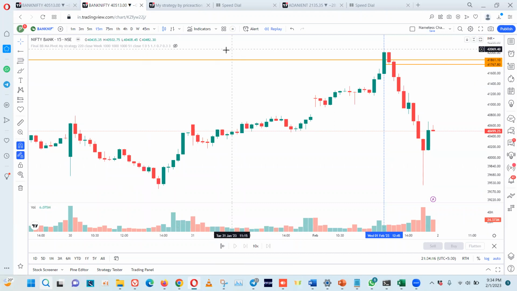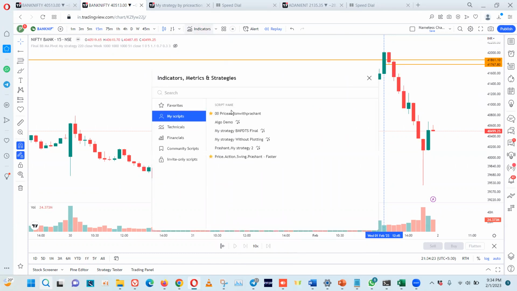Okay, so basically, when we use some indicators or some logic based on price action, then I will show you my indicator or my price action toolkit.